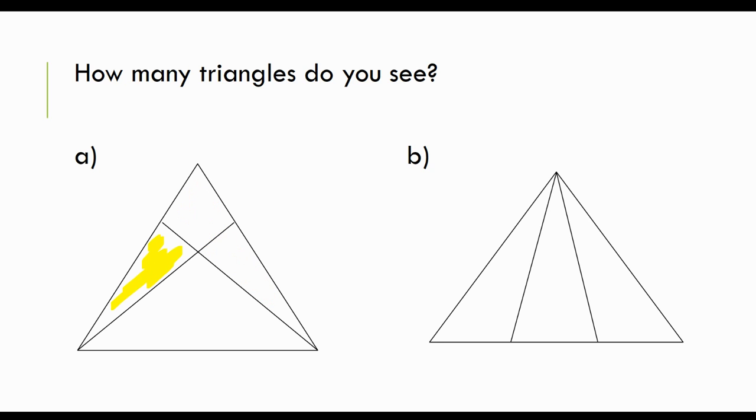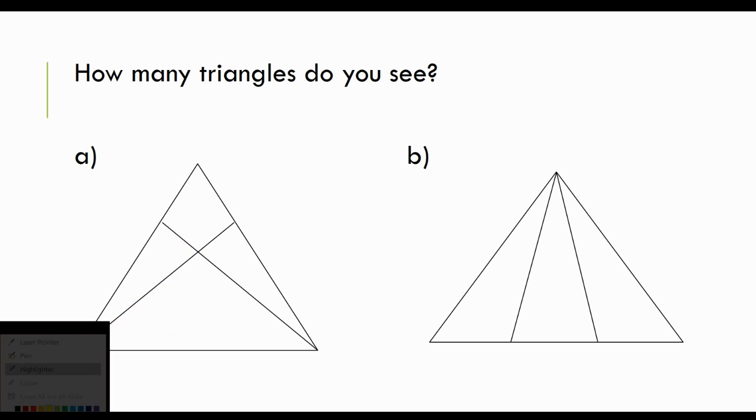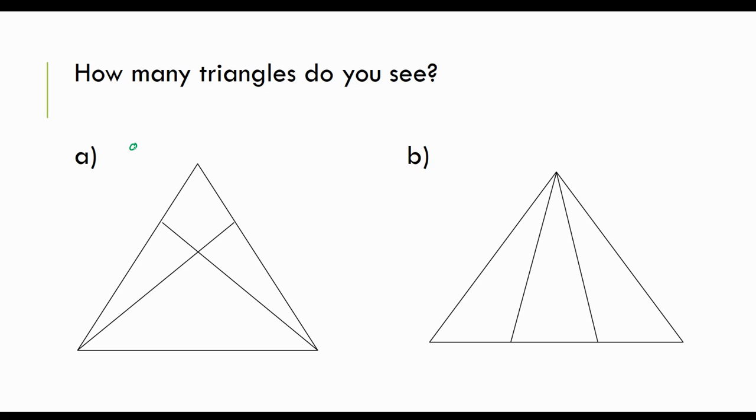Just this one, that's a third one. Here is a fourth one. This would be a fifth one. Put these two down here at the bottom, there's number 6. Put these two together at the bottom, that's number 7. And then you've got the whole big triangle, so that is 8. So in this first one, we should have said that there are 8 triangles.